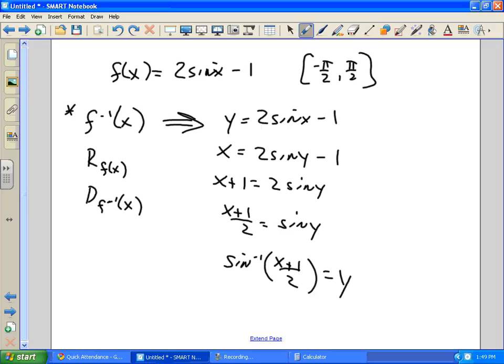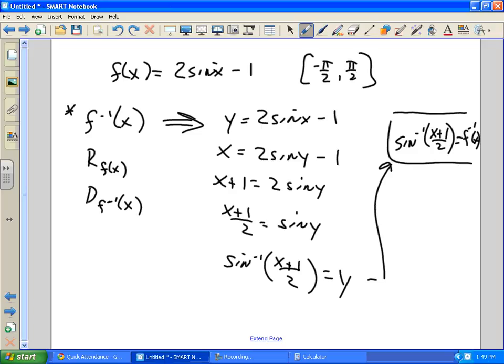And we're done, except we want to write it as a function. So now we're going to go back and replace our y with that funny symbol, f inverse of x. So we have the inverse sine of x plus 1 over 2 is equal to f inverse of x. And that is the inverse function.